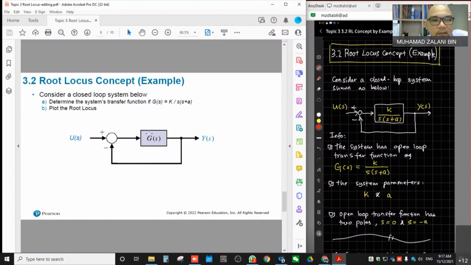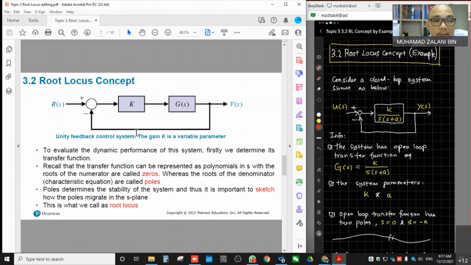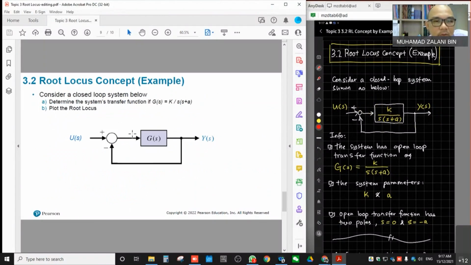So basically, if you want to imagine that block diagram, it should look like this, meaning that you should separate K from G(s). Suppose there will be a K block here and G(s) will be 1 over S plus A, right?